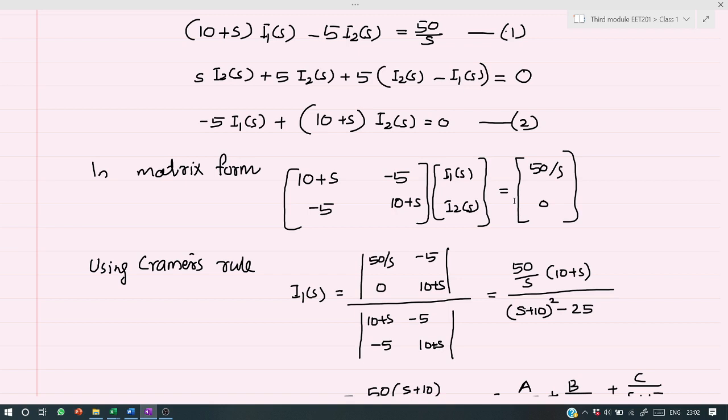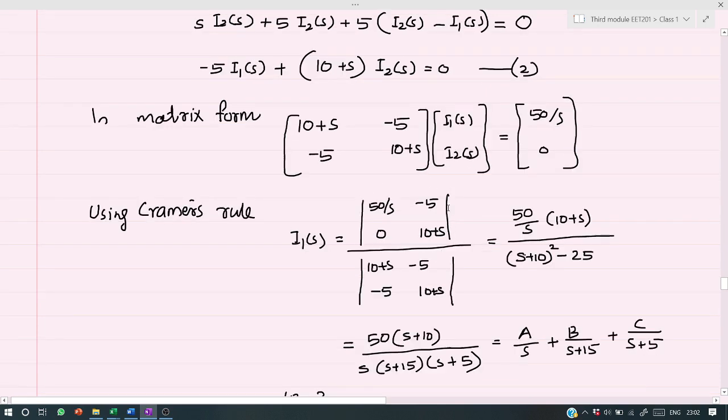Let's see that procedure. Using Cramer's rule, I1 of S can be obtained by the relation delta 1 by delta, where delta 1 is the determinant of this matrix, which is obtained from the A matrix by replacing its first column entries with the B matrix, and delta is the determinant of this impedance matrix itself.